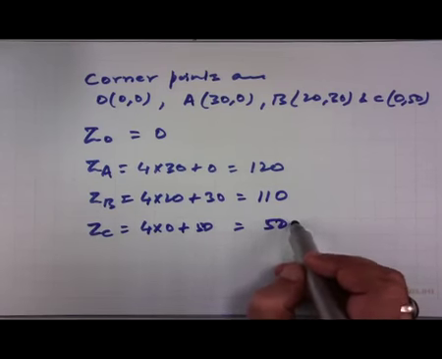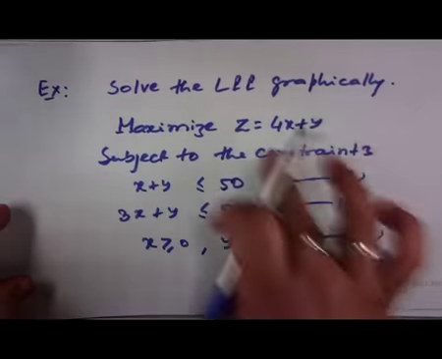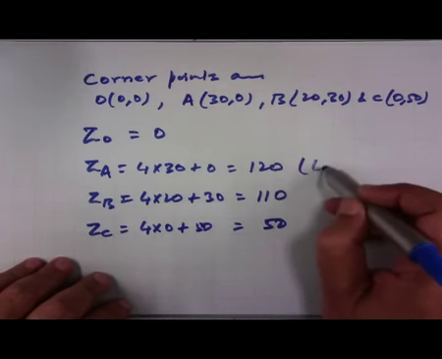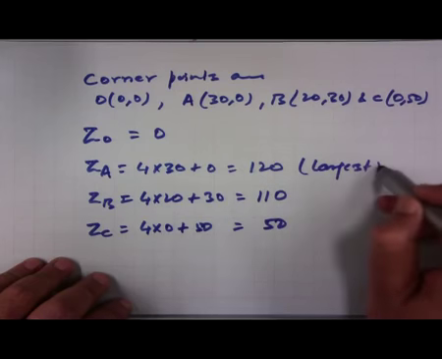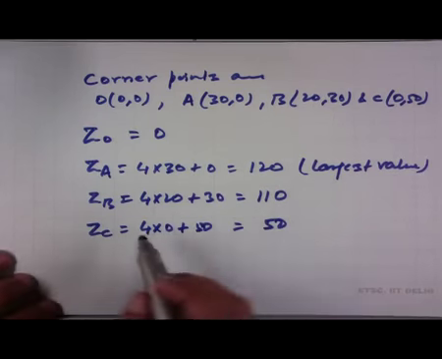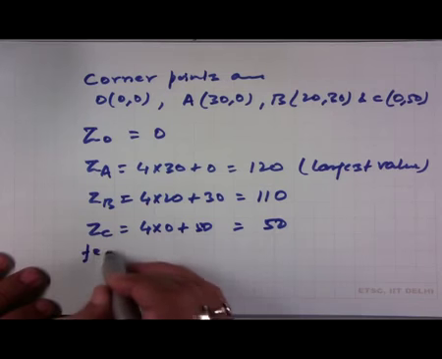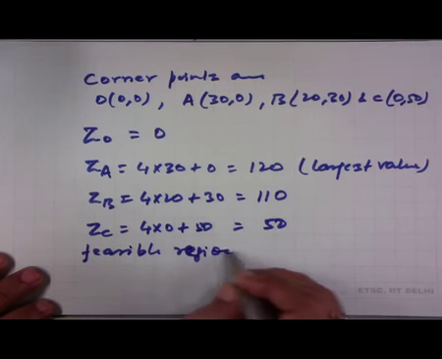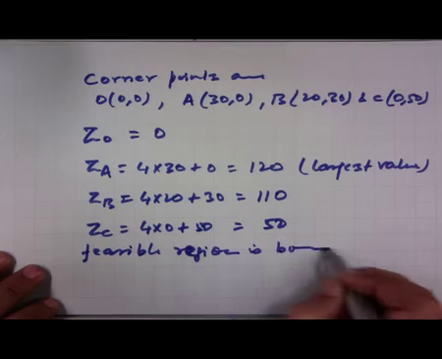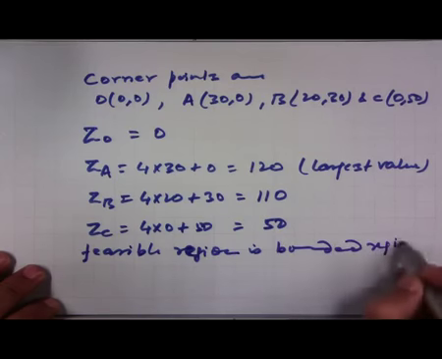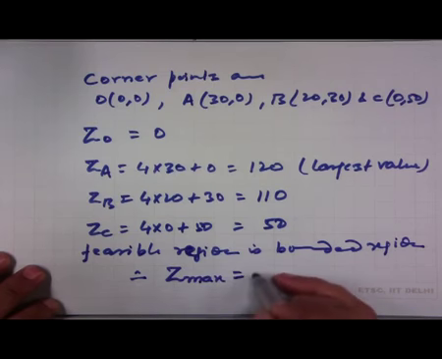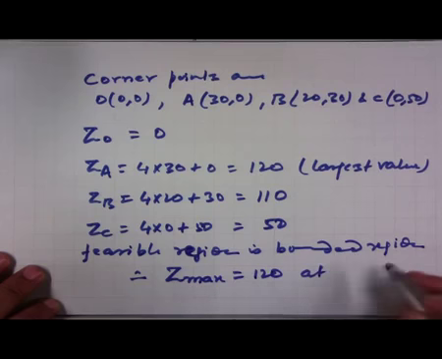Now in the problem we have been given maximize z equal to 4x plus y, so this will be the largest value. Since the feasible region is a bounded region, z max equal to 120 at A (30, 0).